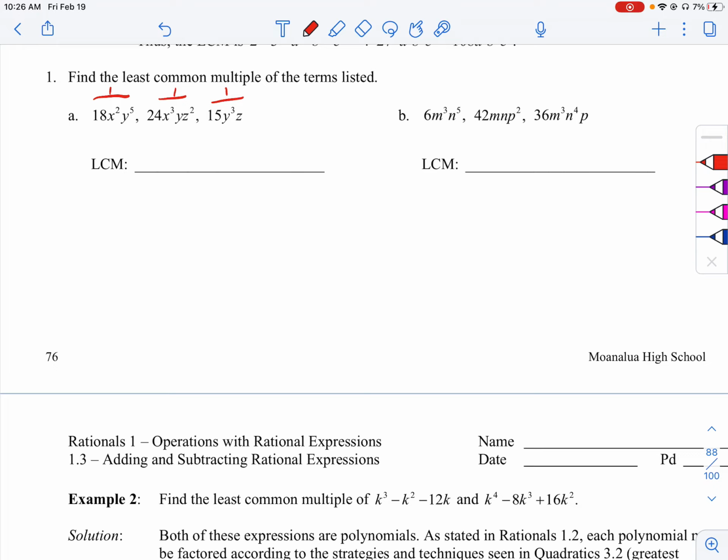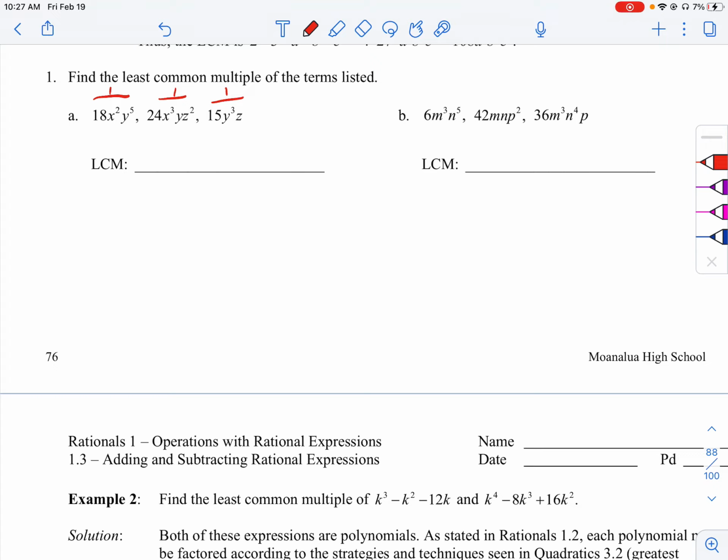There are probably some simpler ways, but the one I'm going to show you today is going to help us as we move forward. If we have factoring in it, or other stuff, it's applicable to all kinds of problems in rational expressions.